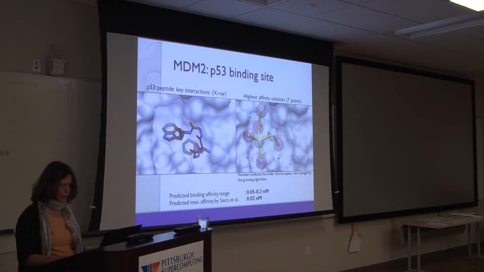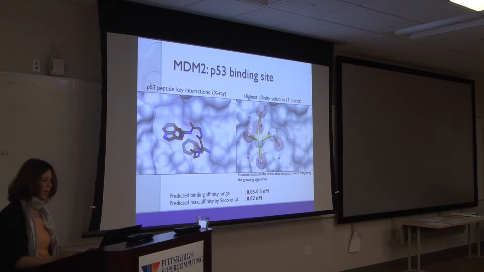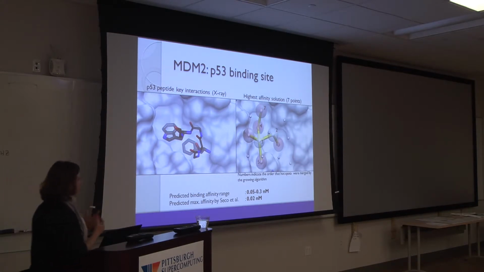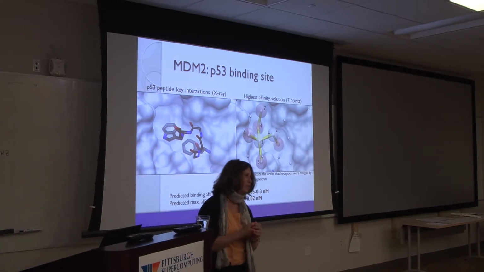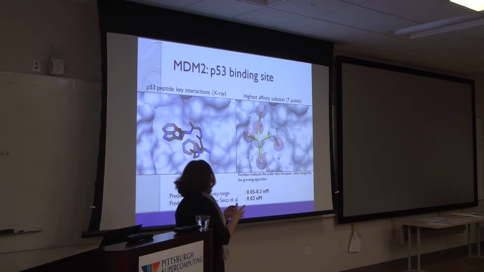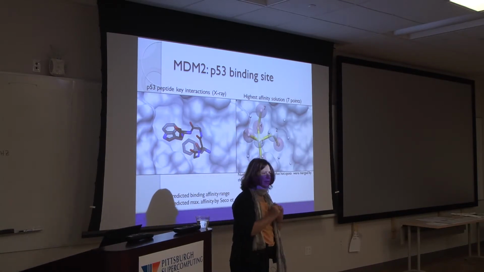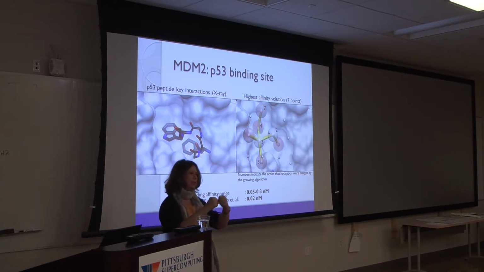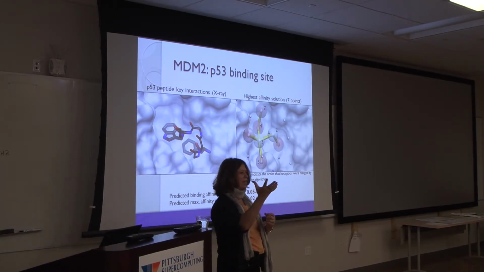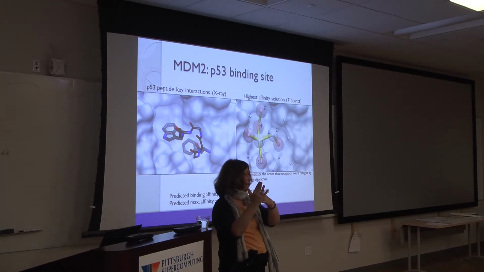But overall, after using these little technical details, you end up with solutions for your binding site. In this case, again, it's MDM2 P53. These are two proteins that interact. This is a harder problem because you want to block a protein-protein interaction. So it's not like binding a small molecule to a kinase.